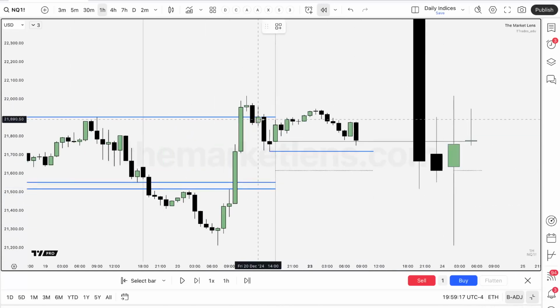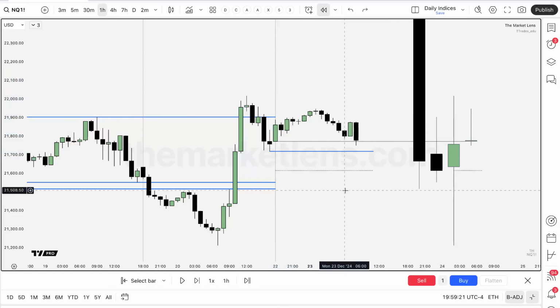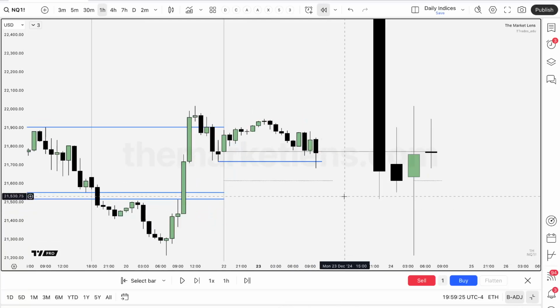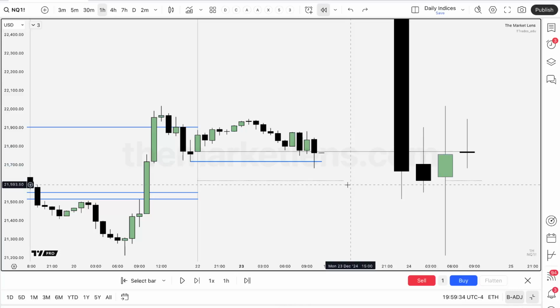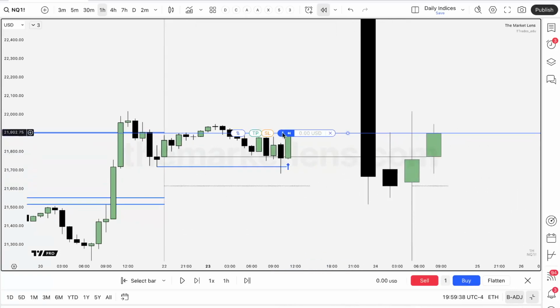If price would have closed over right away, then it would have just been that. Okay, I'll give it one more candle. Why do I not trust this low? Open, high, low, close. It hasn't really formed a nice low. Okay, that's enough. I'll put my stop in here.